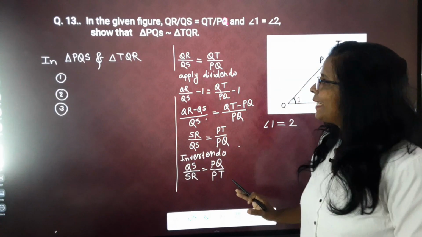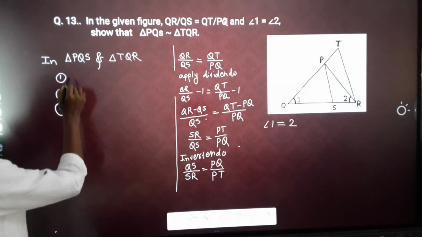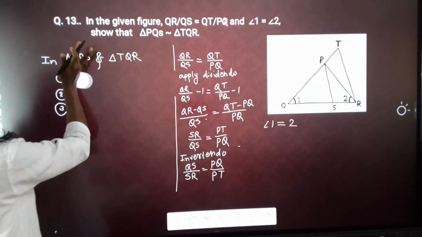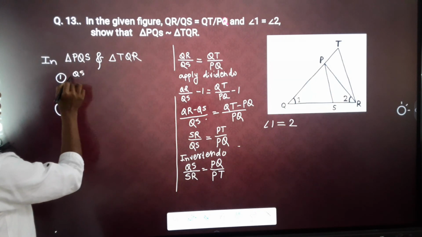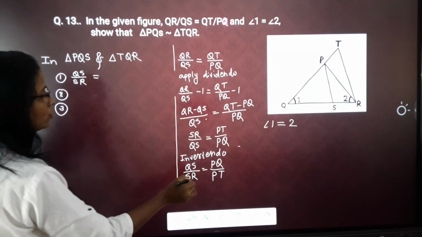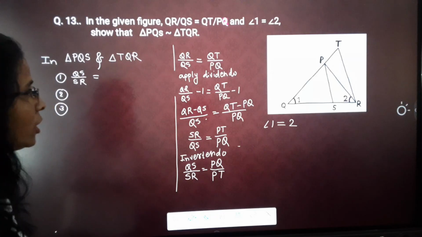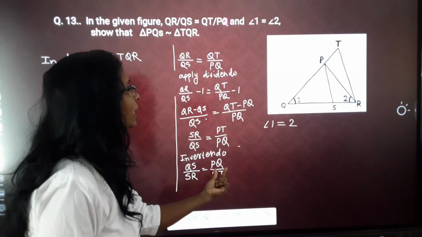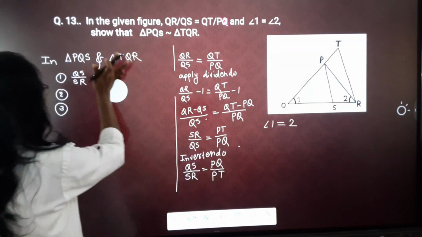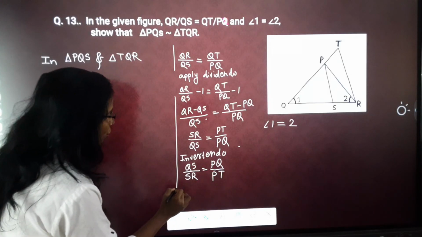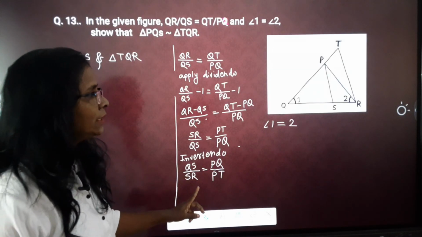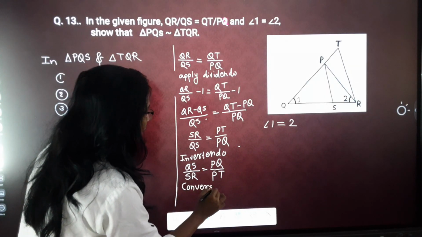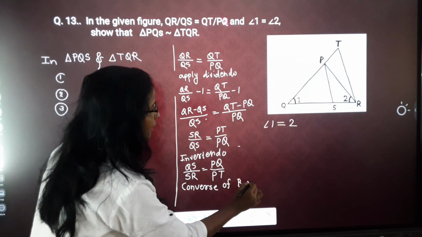So here QS upon SR is equal to PQ upon PT. Yes students, not written the other way. So now this is the ratio, and these ratios are equal. That means the converse of basic proportionality, that is the converse of the basic proportionality theorem.